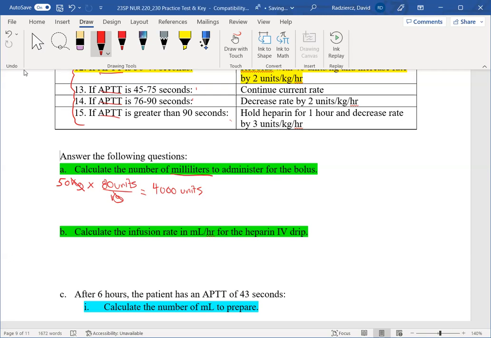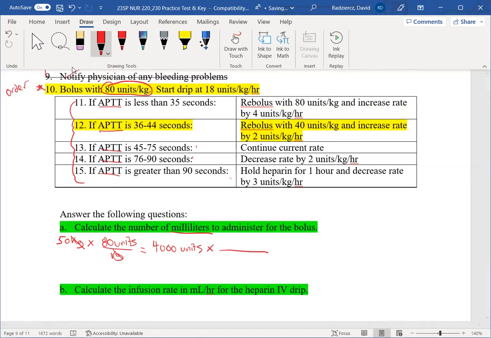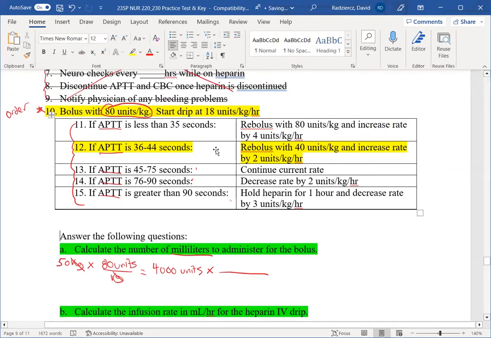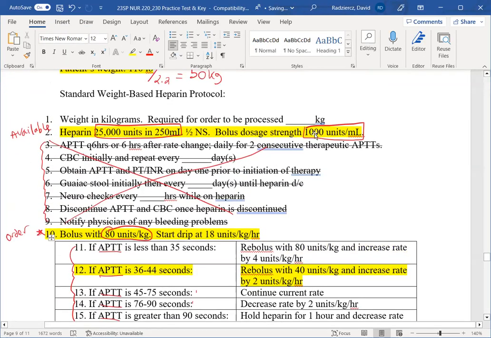So the next step is I'm going to take my 4,000 units and convert that from units to milliliters. How do I do that? I'm going to go to my available. You've done this before. My available says what? Bolus dose, right? Because that's what we're talking about, bolus, 1,000 units per milliliter.